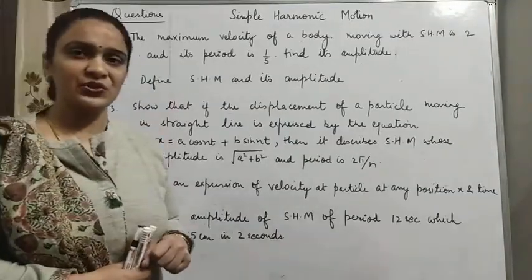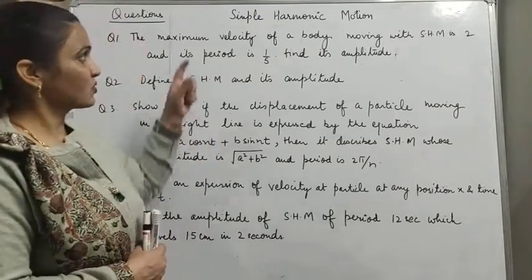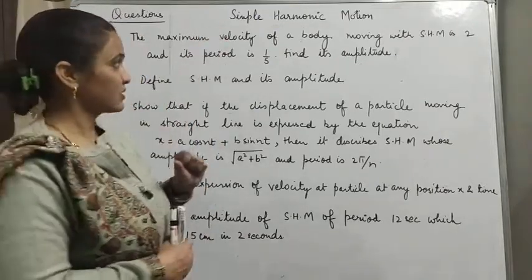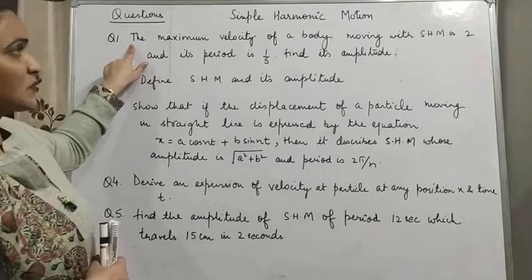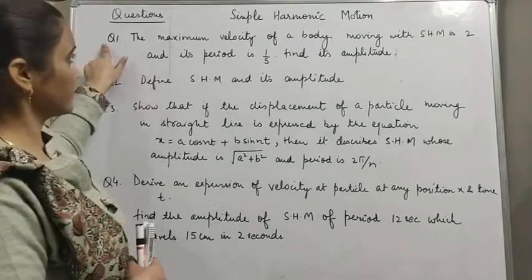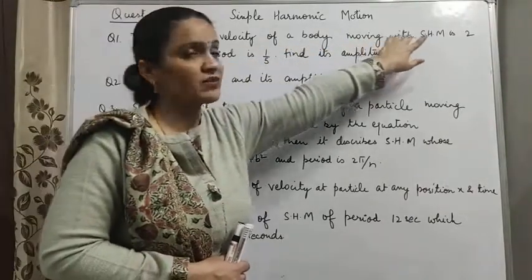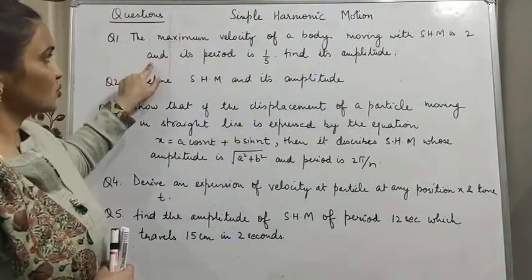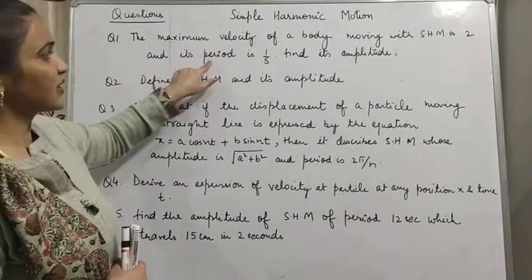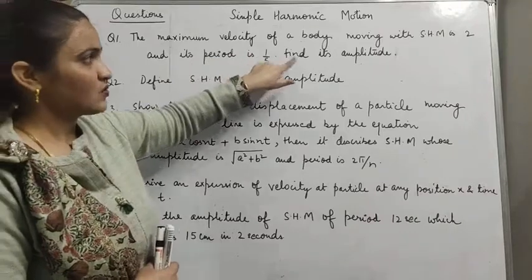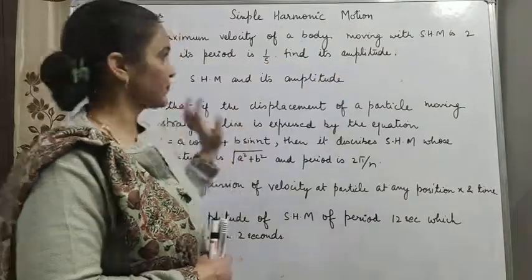Students, now the questions based on the video of simple harmonic motion. Question number 1: the maximum velocity of a body moving with SHM is 2 and its period is 1 upon 5. Find its amplitude.